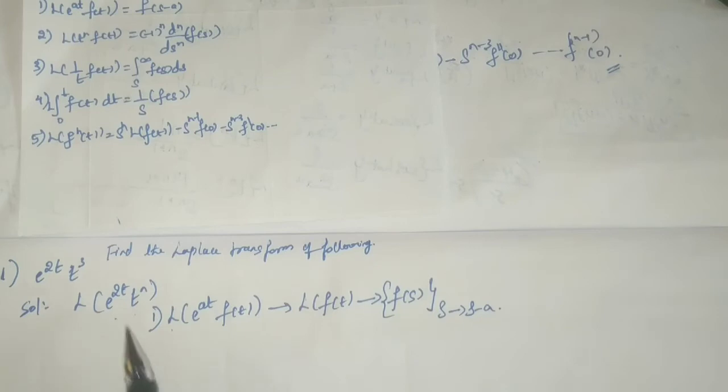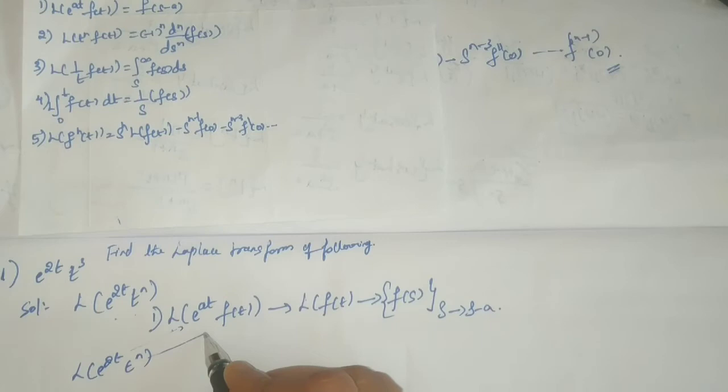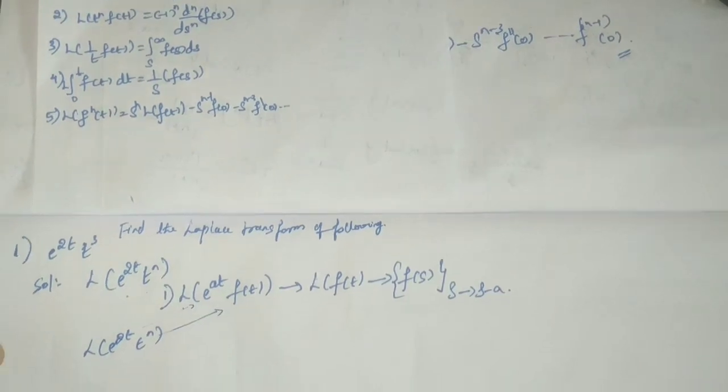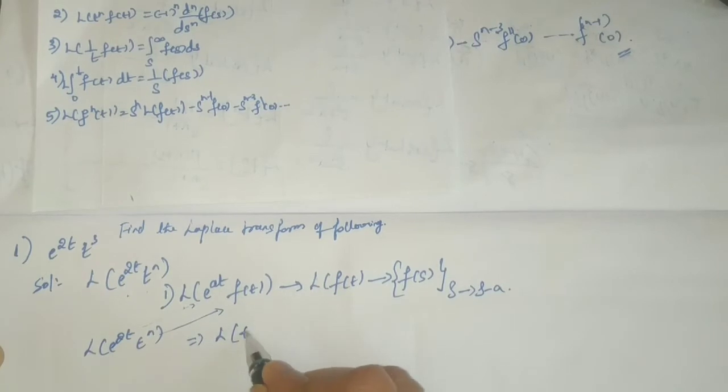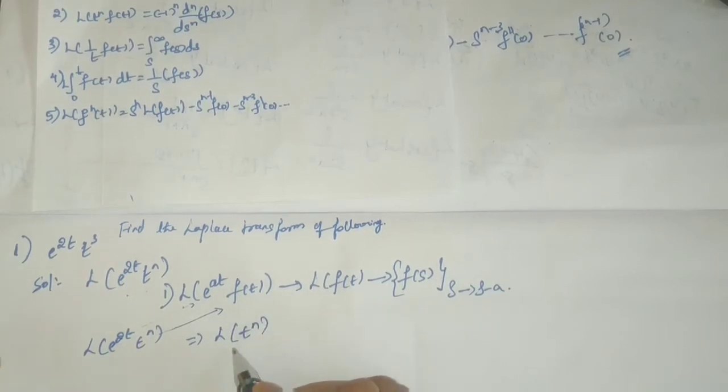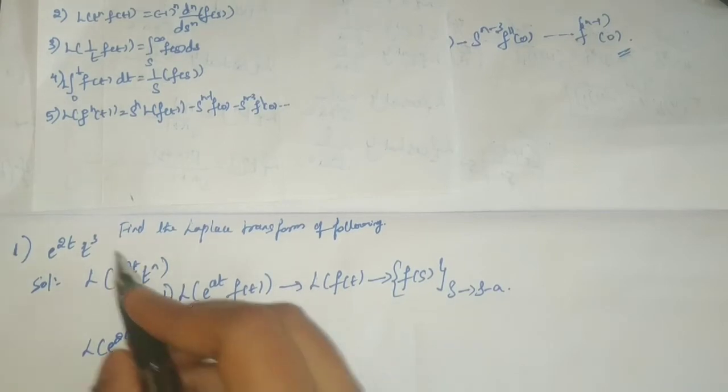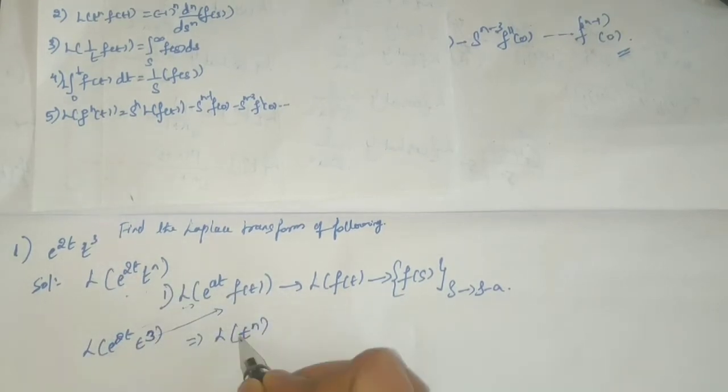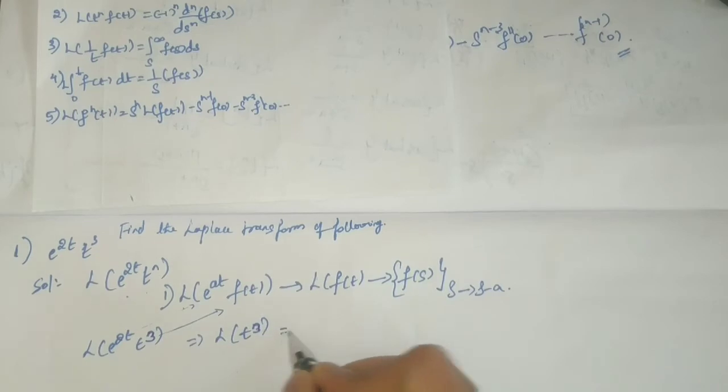Keeping that in mind, I am writing this as the Laplace transform of e power 2t into t to the power n. You can compare this with the first term, this with the second term. So our function is t to the power n. First you write the formula for t to the power n, but instead of n we have 3, so it is t cubed.